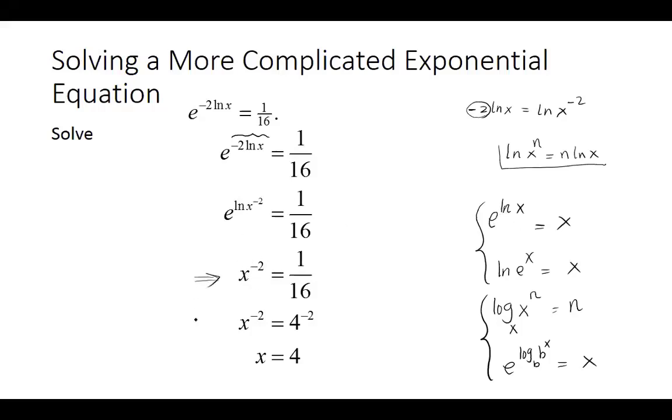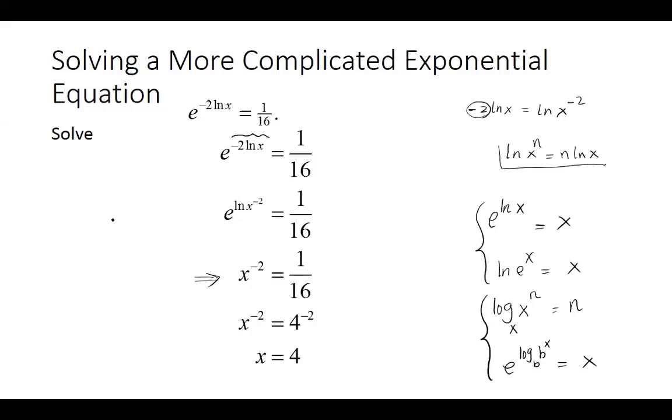So at this point, we're going to drop all the natural logs. You should know how to solve for this. This would be x to the power of minus 2 is equal to 1 over 16. I can make the exponents the same because 1 over 16 is really 16 to the power of minus 1, and 16 is 4 times 4, which is 4 squared.